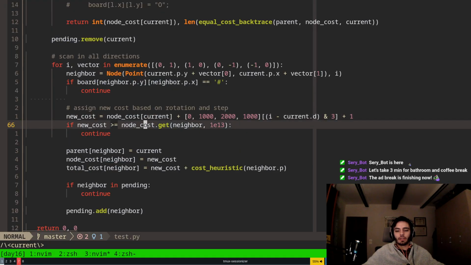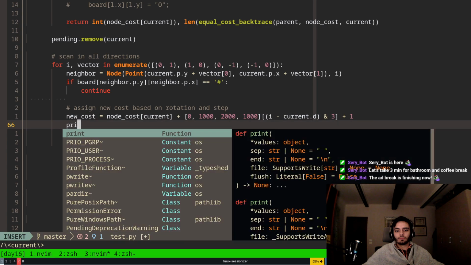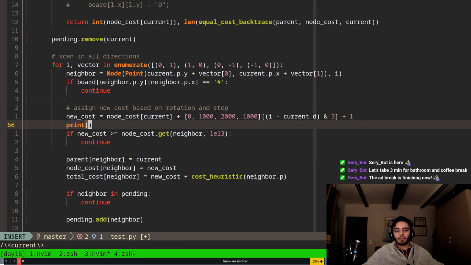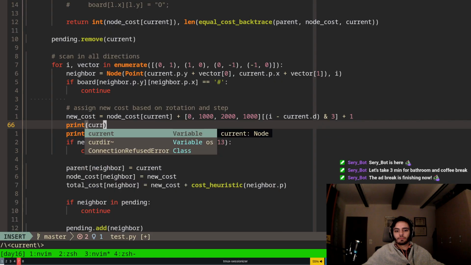Why doesn't it stand in their cases? Like print the new cost. And the current.